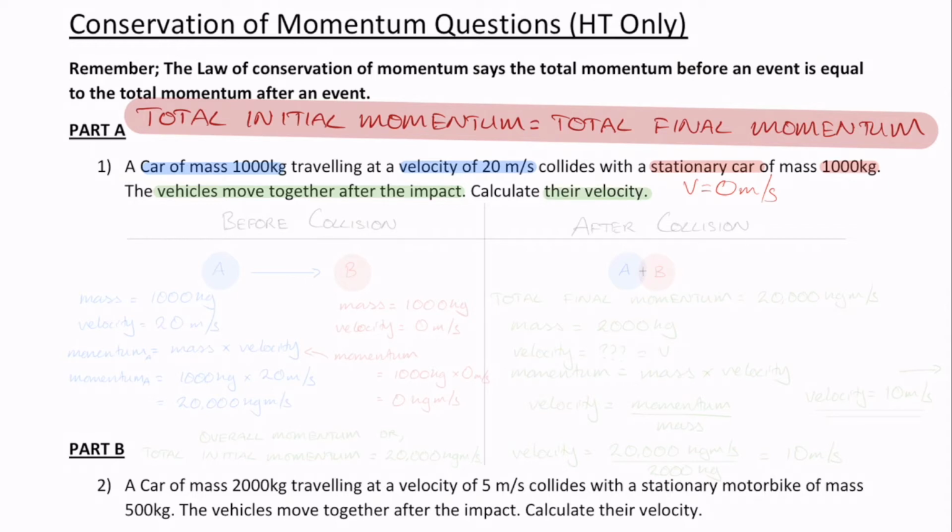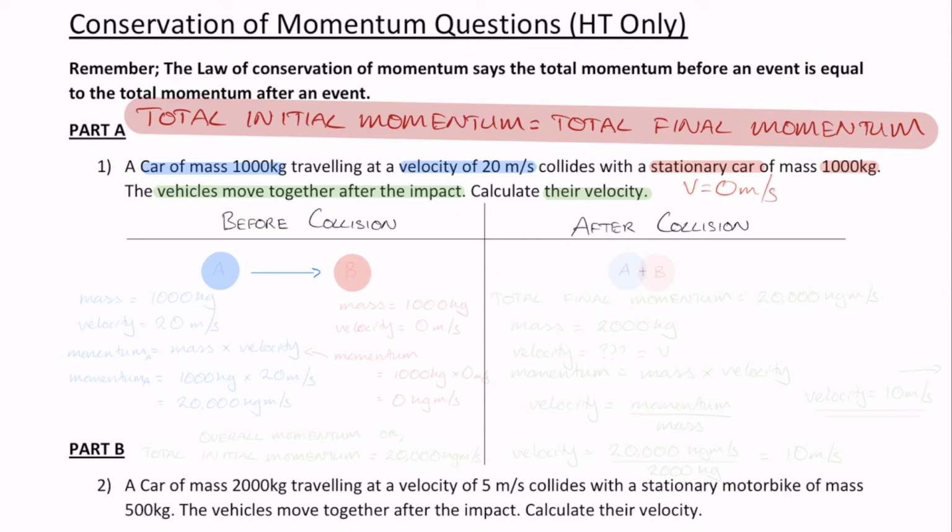So the first step would be to draw a table so we can consider what's happening in our system before and after the collision, like such. Before collision, we have one car traveling at 20 meters per second colliding into a stationary car.